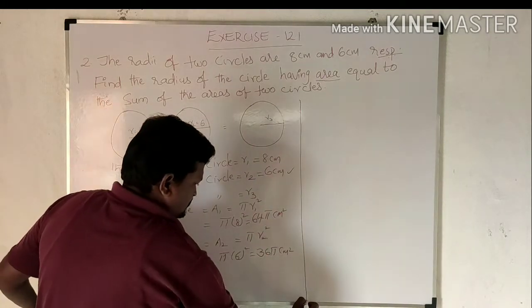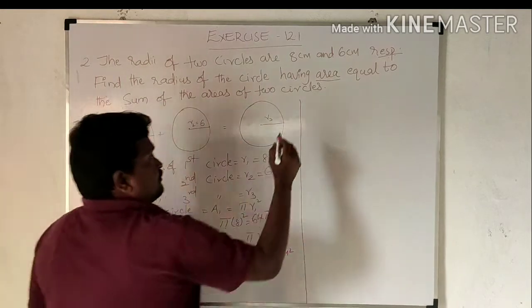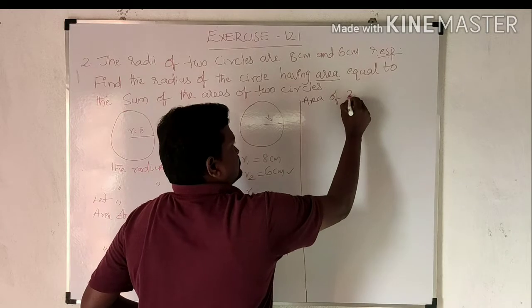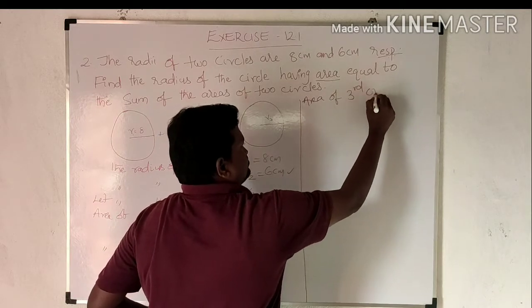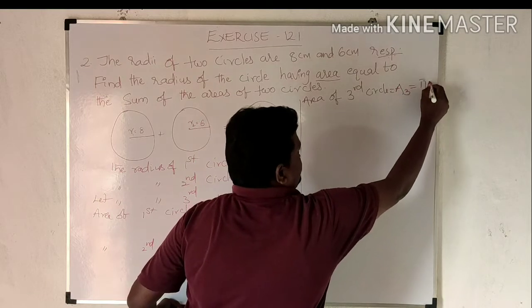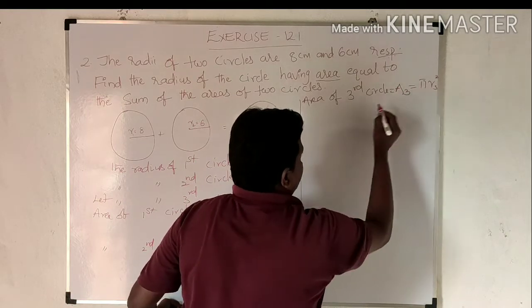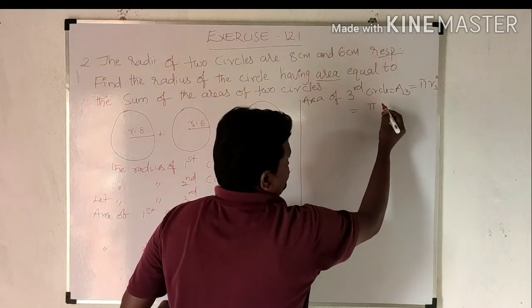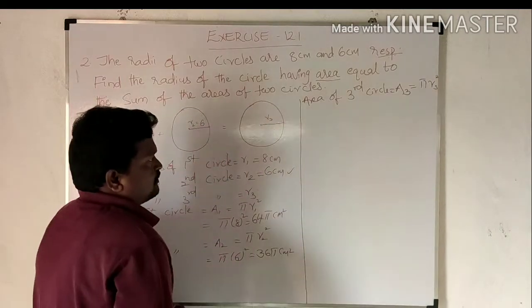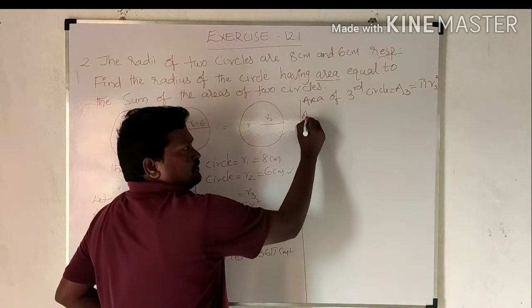Now the area of the third circle is A3, equal to pi R3 whole square. So this is pi into R3 square; R3 we don't know. Let it be.